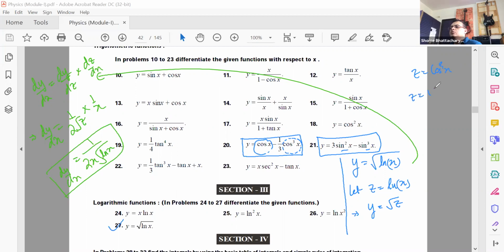So you can take z as u cube, where u is equal to cos x. And then you can find dz by dx, like we did in that question earlier, as dz by du into du by dx. So dz by du will become 3u square, and du by dx is minus sin x. So this becomes minus 3 sin x cos square x. That term becomes like this. So this second term's derivative will become minus 1 by 3 into this. And the first term's derivative is minus sin x. Similarly, for this also, differentiate sin square x separately, sin cube x separately, and then use that in this.